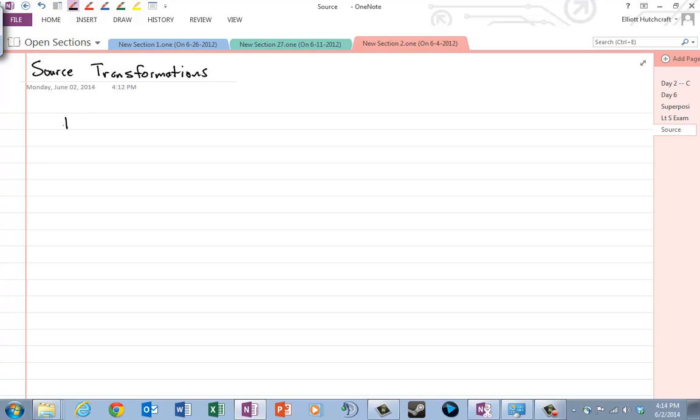So let's look at an ideal voltage source. Let's just call this V source here.